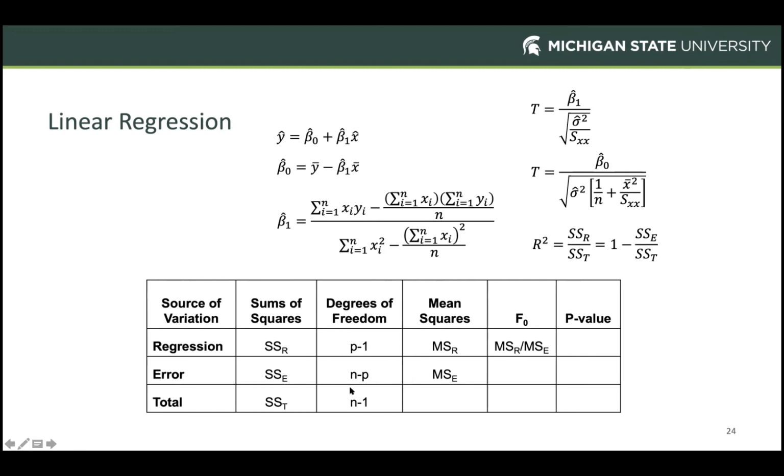As we expand to multiple linear regression, the setup would be the same. The underlying algebra gets a bit more complicated, but we would still be working with the same general formulas. The t-statistic would just be each of our individual parameter estimates divided by its corresponding standard error, which in the multiple linear regression case would require us to go to the variance covariance matrix and look at the diagonal elements for each of those.